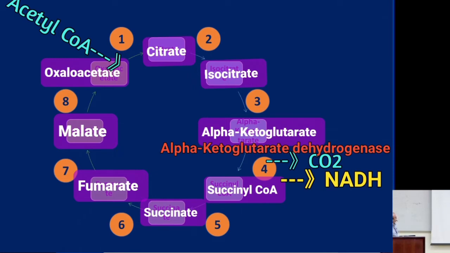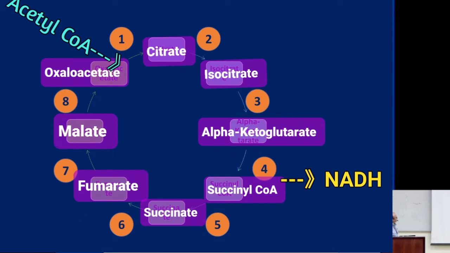Simultaneously, as you oxidize that CO2, you add a CoA, the coenzyme A, to what's left of alpha-ketoglutarate to form succinyl-CoA. So we've gone from a 5-carbon to a 4-carbon molecule.